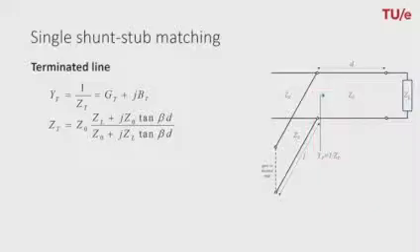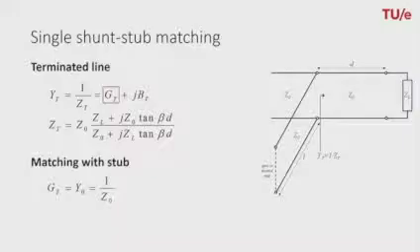Now, that brings us to the philosophy that we want to use for single-stub matching. And the idea is first to make sure that the real part, GT, is exactly equal to the characteristic admittance of the connecting transmission line. So GT should be equal to Y0 or equal to 1 over Z0.